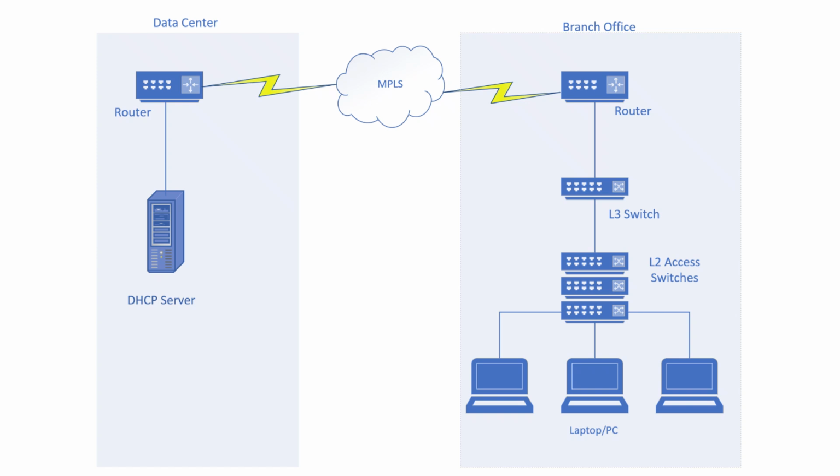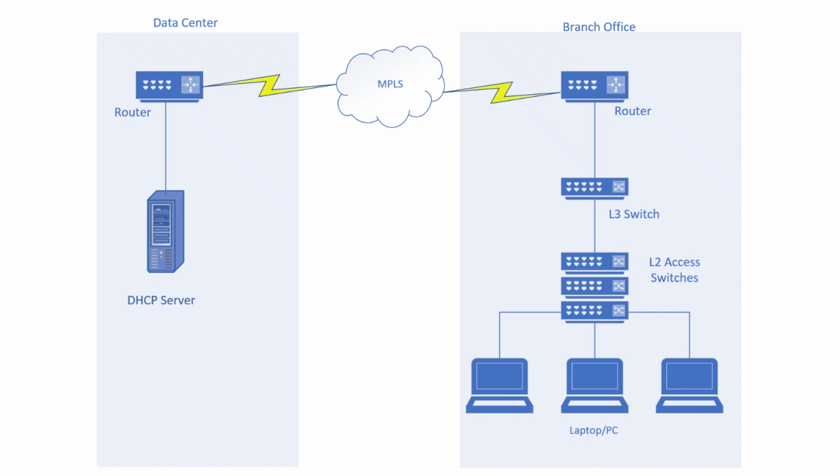Before I walk you through the troubleshooting steps, let me quickly show you the high level network setup so the problem makes more sense. This is our overall topology. On the left, we have a data center where the main DHCP server resides.